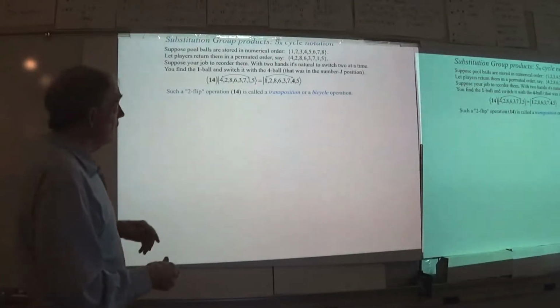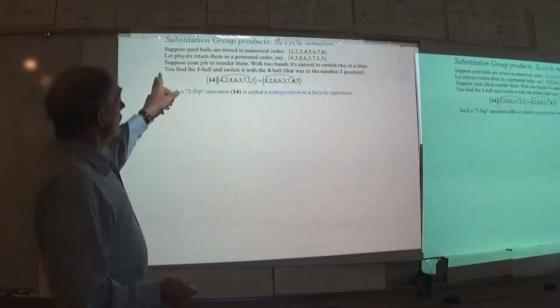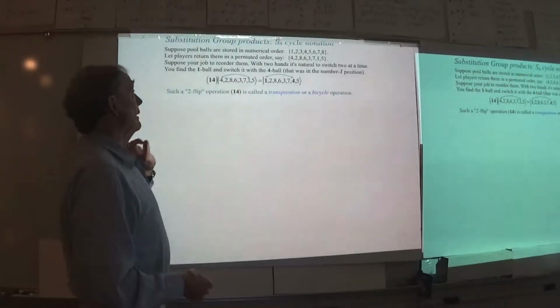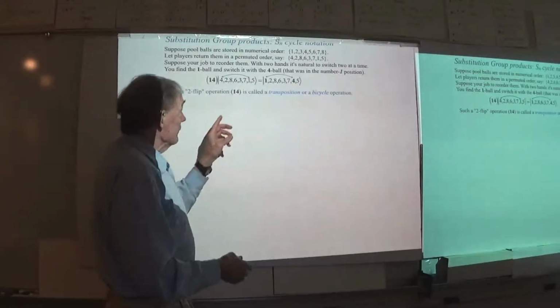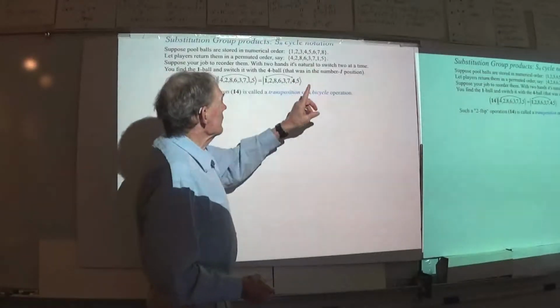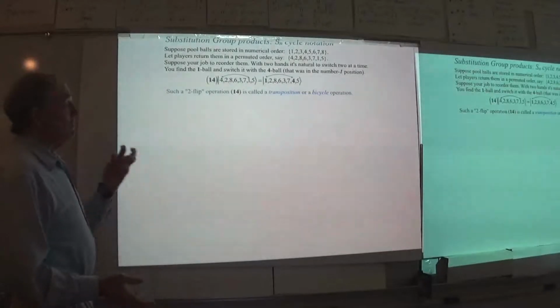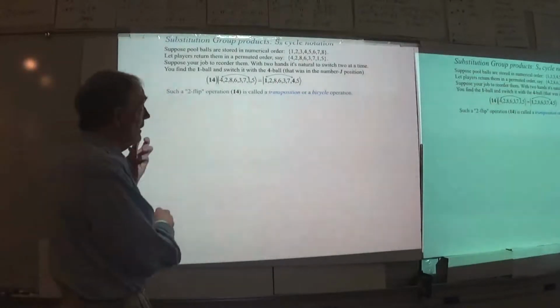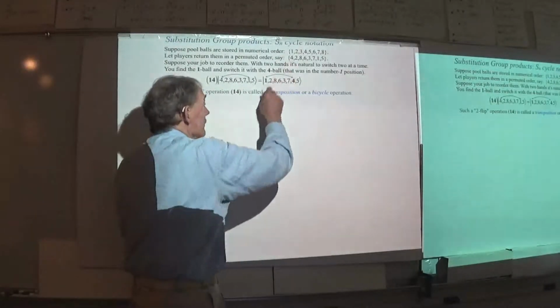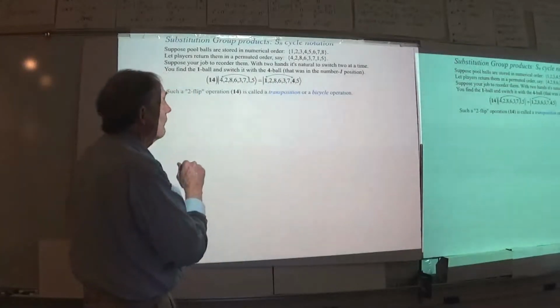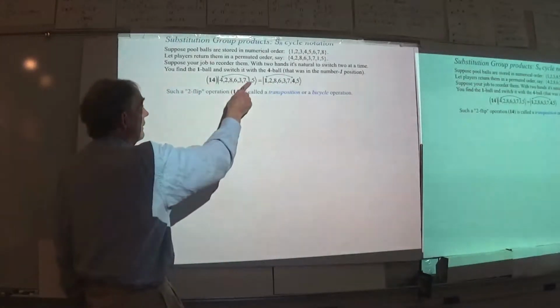So you say, okay, your first job is to put the 1 ball where it belongs, and you find that the 1 ball is sitting way down here where there is now the 4 ball. So you pick up the 4 ball from the front end of the thing, and you switch it with the 1 ball which used to be at the far end here.